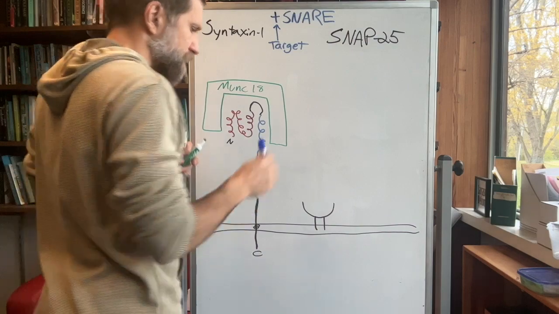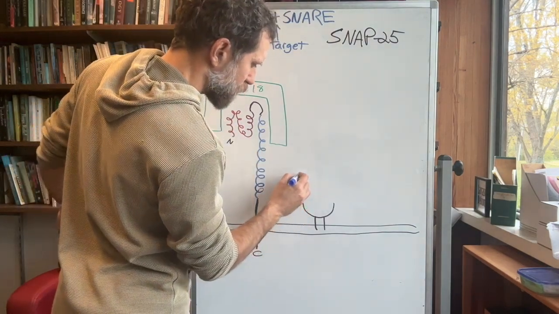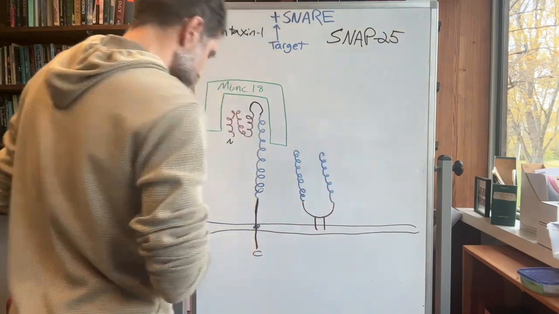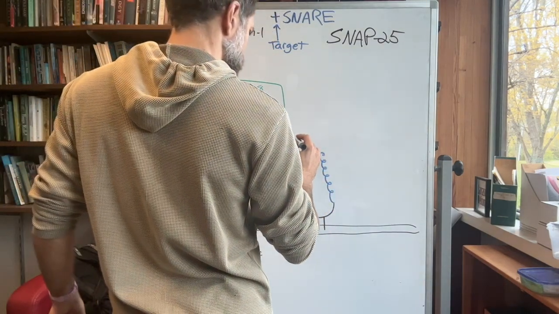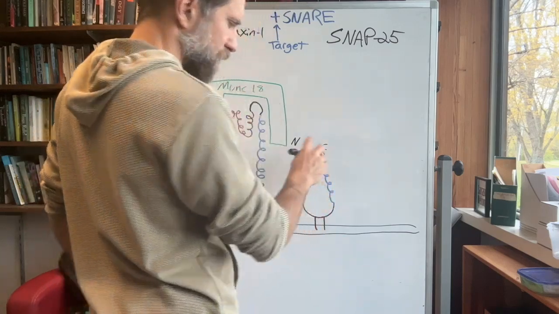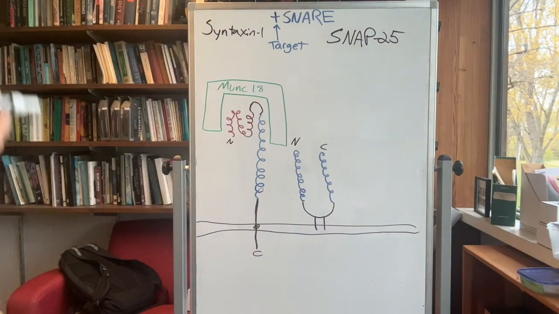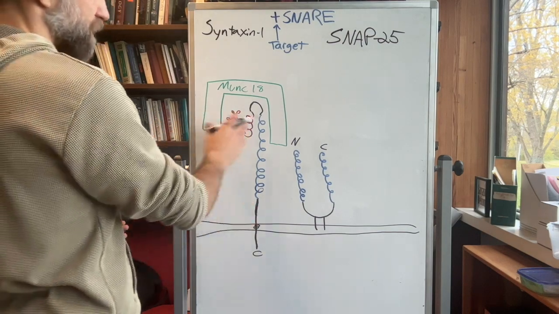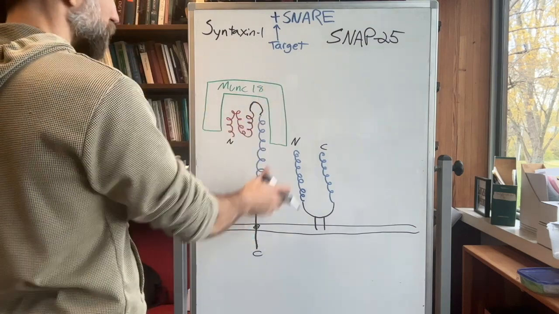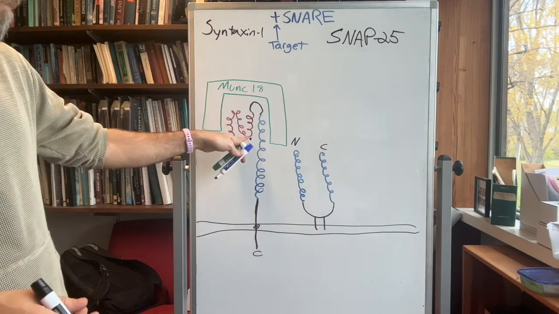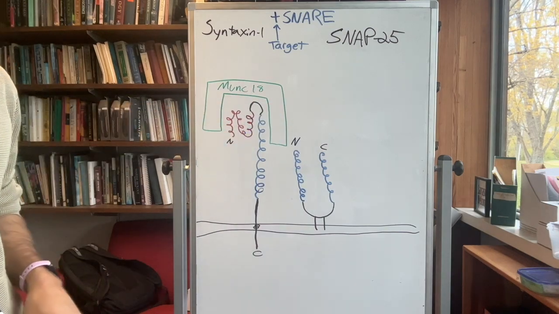And SNAP25 has two snare motifs. So you can think of it as this U-shaped protein, and its two ends have alpha helixes that potentially could zipper with others. But not so in this state right now, because SNAP25 could not zipper with syntaxin 1, because syntaxin 1 is bound up right now with HABC and MUNC18.